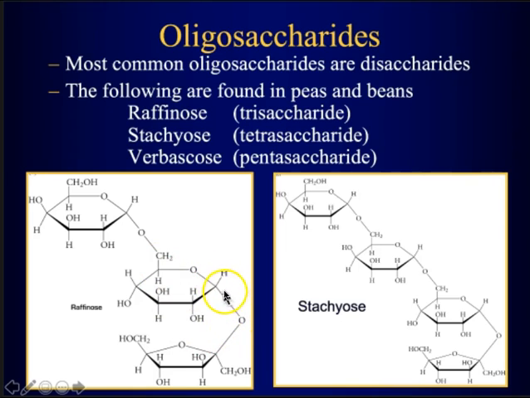Here we would have our alpha beta 1,2 glycosidic bond. And these ones are very similar. So this is also another alpha 1,6, and our alpha beta 1,2.